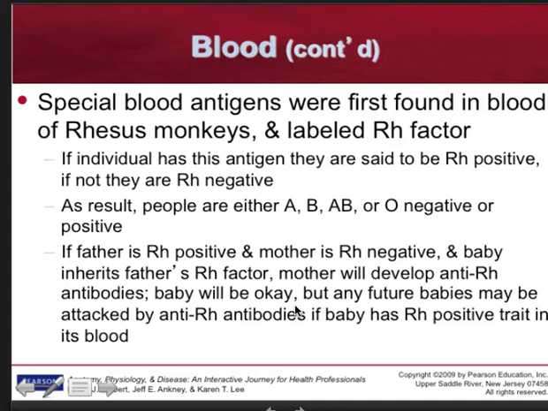And at that point, it can cause lysis of the baby's red blood cells and produce a condition called erythroblastosis fetalis that can be extremely deleterious, if not fatal, if not treated immediately.